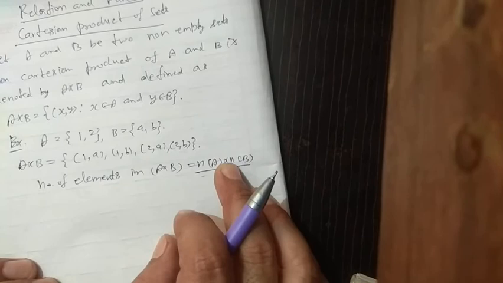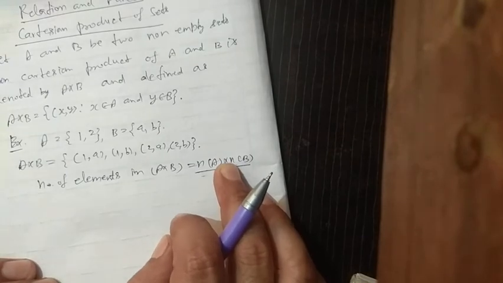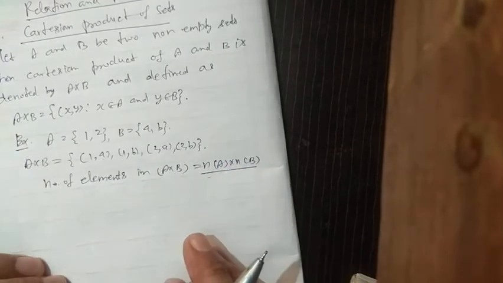Two ordered pairs are equal if and only if the corresponding first elements are equal and the second elements are equal.